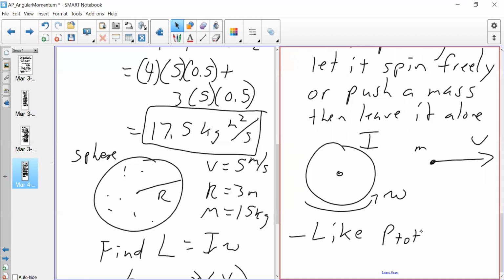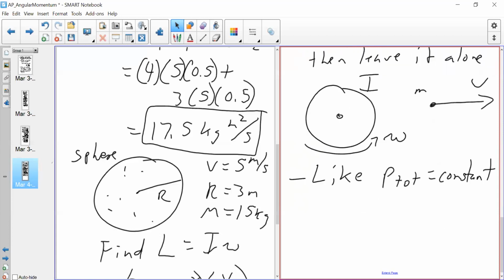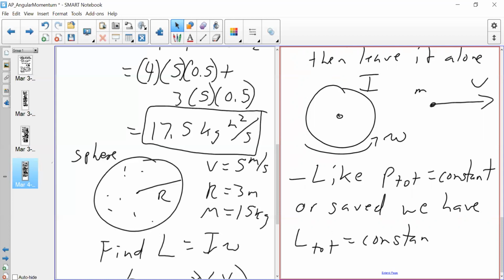So in order for the linear momentum to be constant, so this total momentum is constant or saved, we also have the total angular momentum to be constant or saved as well.